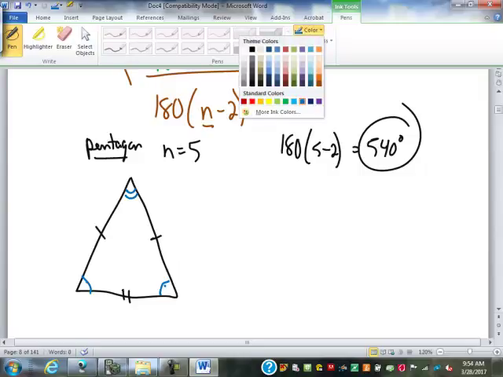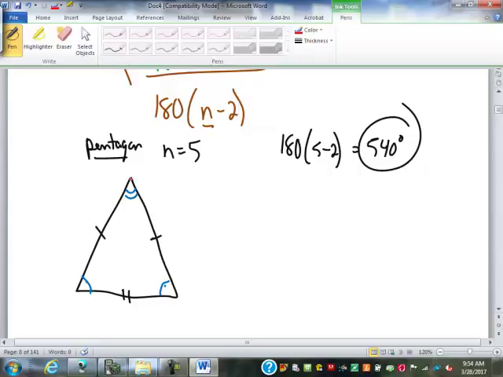And one of the things we had mentioned about it is something called a median. What's a median? If I drew a median from here, what does it do? It splits the other side in half, right? That's called a median. But in an isosceles triangle, a median is the same as an angle bisector.